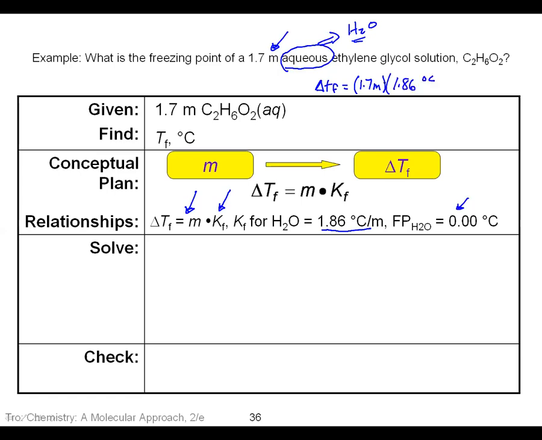The molality will cancel out, and what we end up with is 1.7 times 1.86, which is 3.16 degrees Celsius. Now, you may say to yourself, okay, that's the answer. Unfortunately, that would be wrong.